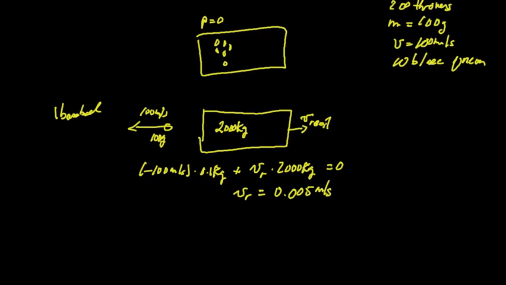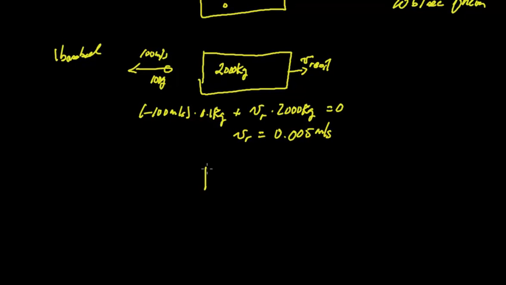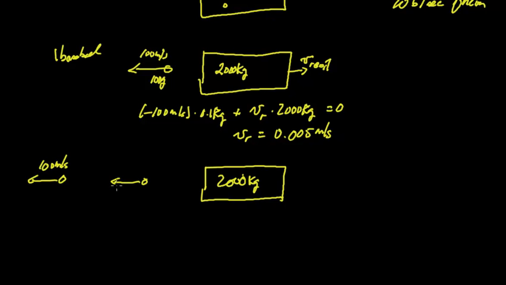Now what happens when I do 2 baseballs? The picture looks a little bit different. Now I have my craft at 2,000 kilograms, the first baseball flying at 100 meters per second, my second baseball flying at 100 meters per second, and my current recoil speed. I have the momentum of this one, negative 100 meters per second times 0.1 kilograms.